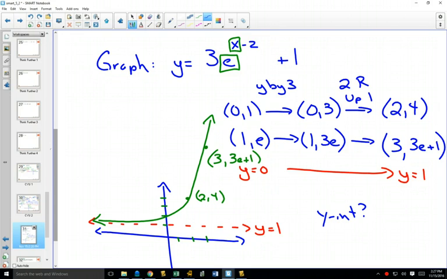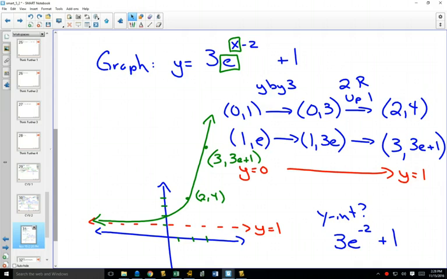Put in 0 for x. So if I put in 0 for x, there's my y-intercept. That would be what it would look like. Of course, you could plug that into your calculator and get a decimal. It should be a little bit higher than 1 because of how our graph is. But the ideas stay the same. Even though the numbers that we're working with are not numbers that we're used to, the ideas stay the same.